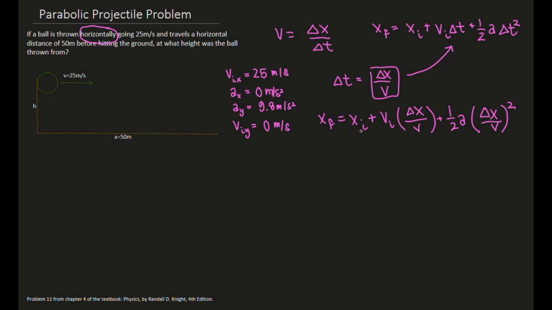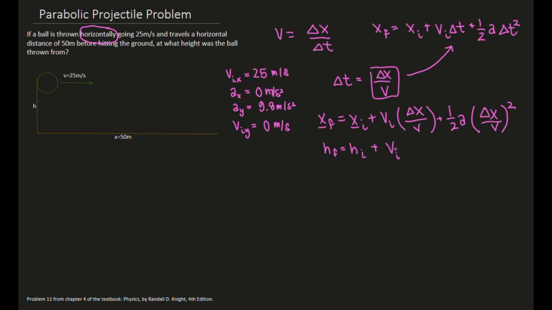The next thing I'm going to do is further simplify this. We've got a lot of x's in this equation, and not all of these x's mean the same thing. The thing that we're looking for is actually our change in height, our change in y. This x is a general term for change in position, so we can put different variables in it to clear it up a bit. I'm going to call these h. So this is our h final equals h initial plus v initial.